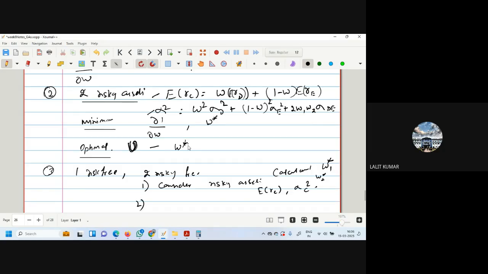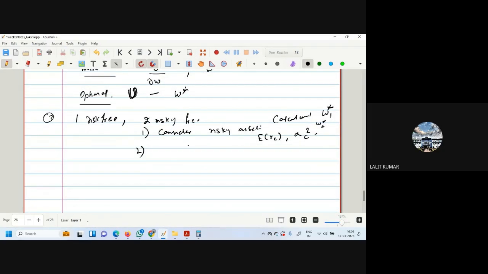Now, using this, you find the entire portfolio: RP is equal to W into RF plus (1 minus W) into this ERC which you have calculated. So from here you will get W star, and you will get 1 minus W star for the risky part. When you multiply it with W1 star and W2 star, you will get the weights for debt and equity. Is this okay? This understanding?